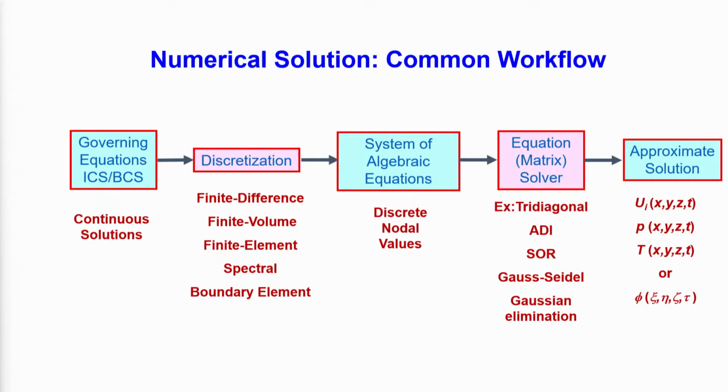So, at the end of these you have a system of algebraic equations, and these typically represent the values of the dependent variable at some discrete points, which in the language of different methods may be grid or nodal points, etc. Then you use an equation solver. If they are coupled and it is a linear system, it will be a system of linear algebraic equations for which you need a so-called matrix solver.